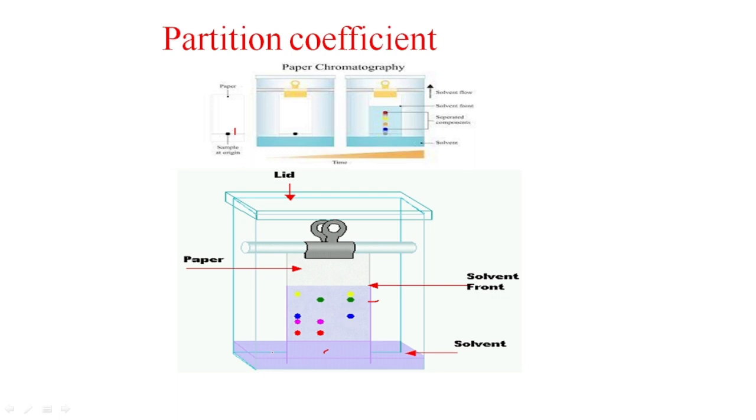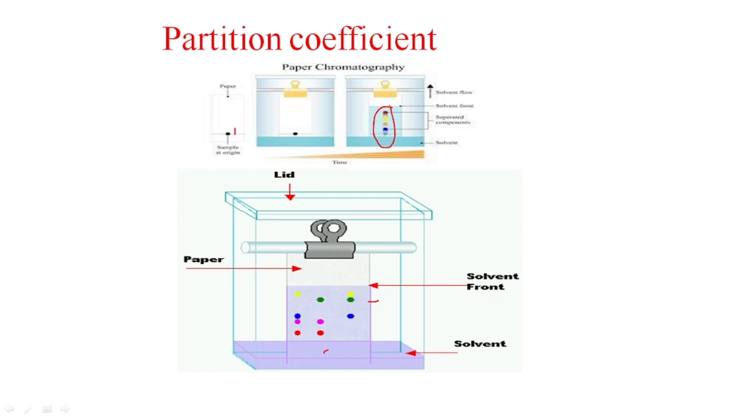While the mobile phase moves, the solvent also moves over the stationary phase and separates the compounds based on their interaction with the stationary phase and mobile phase. After a certain time, these compounds equilibrate between the mobile phase and stationary phase.